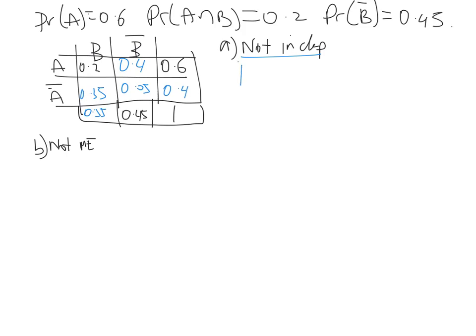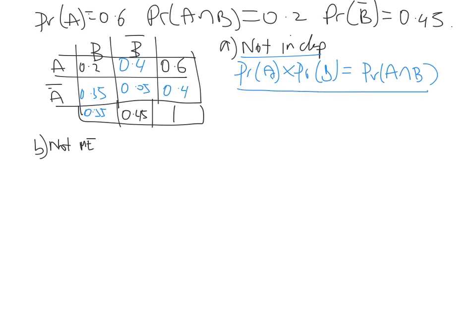Now, for the first one, for events to be independent, we know that the probability of A times the probability of B has got to equal the probability of A intersecting with B. So if they're independent, this happens. Let's check. Probability of A is 0.6 times probability of B, which is 0.55.